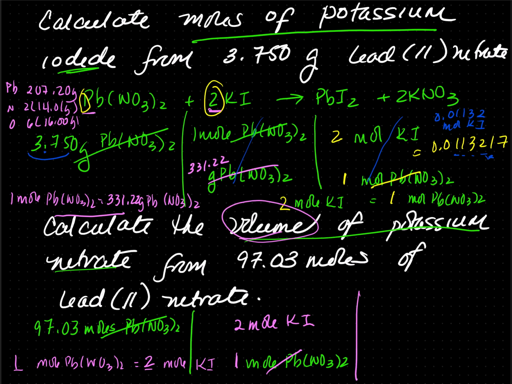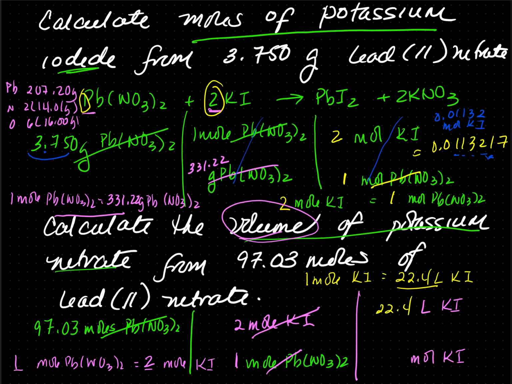So I continue on. Moles of KI, diagonals have to be the same. Moles of KI. We could go from moles of KI to volume of KI. This is called molar volume. Molar volume states what? 1 mole of KI is equal to 22.4 liters of KI at STP. So the number in front of liters is 22.4.